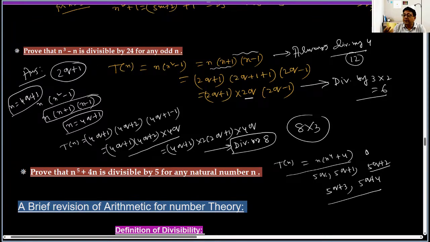From there you can derive the formula for a plus b to the power 4. So the remainder there will be 16. 16 plus 4, 20, divisible by 5. So the whole expression is divisible.